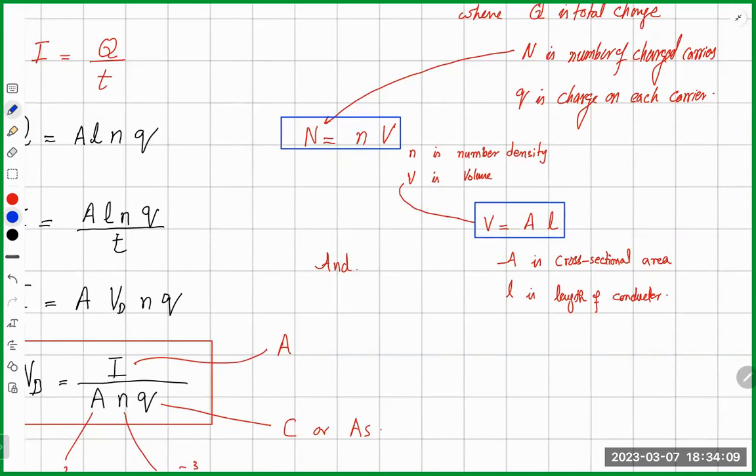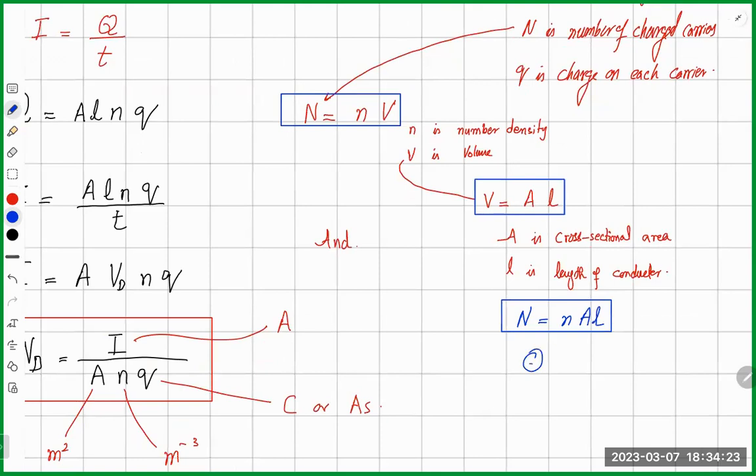So don't you think capital N equals nAL, and because charge equals number of charge particles into the charge on each particle, Q, charge equals A, L, n, Q.